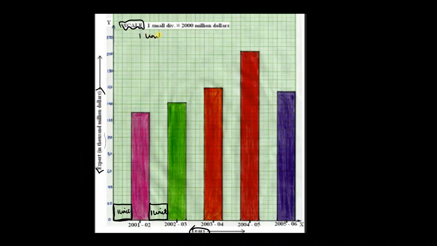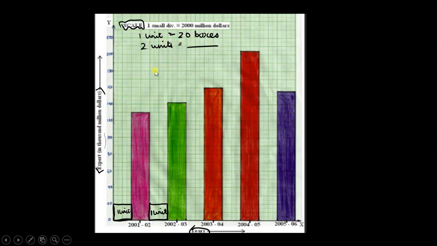For example, 1 unit is equal to 20 boxes, or if you are considering 2 units, then 2 units must be equal to this many boxes, students, etc.